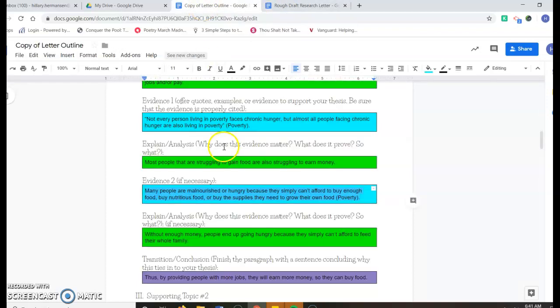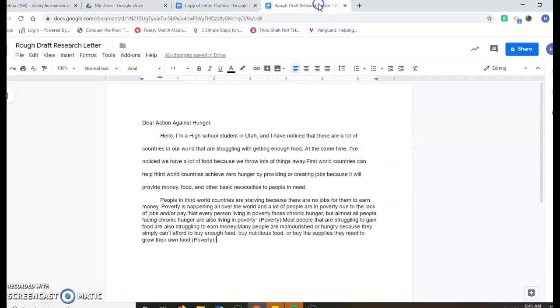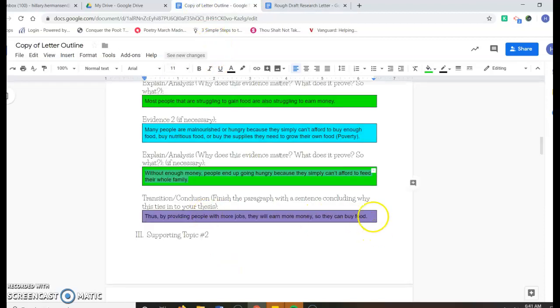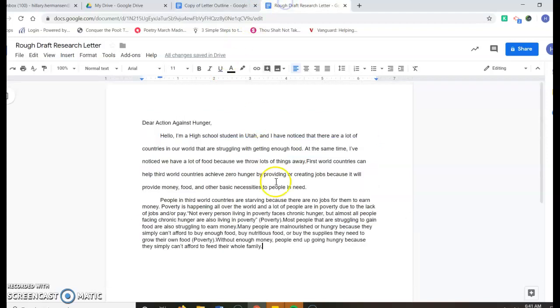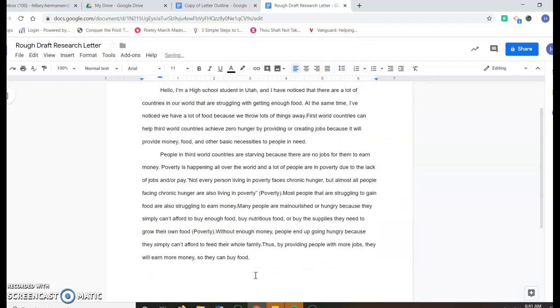Paste. Copy. Paste. Copy. Paste. Okay, so we have a paragraph. I'm going to make sure it's double spaced. Now I'm just going to read through it, make sure it makes sense.